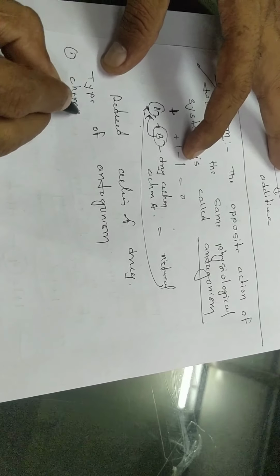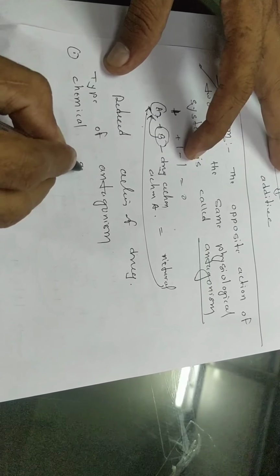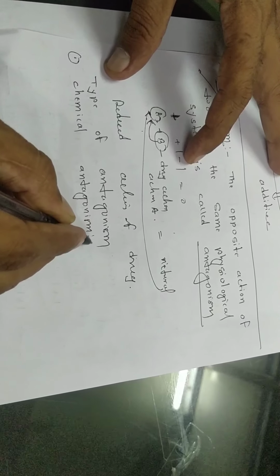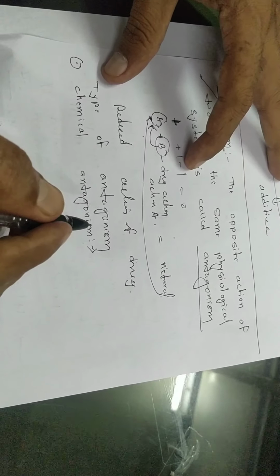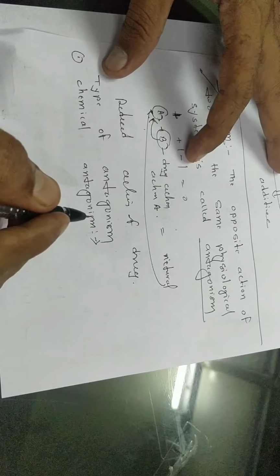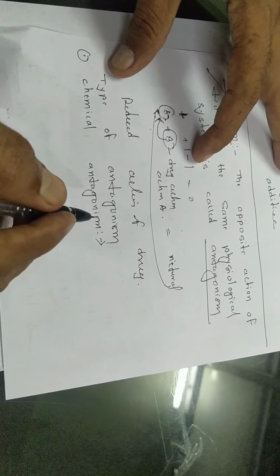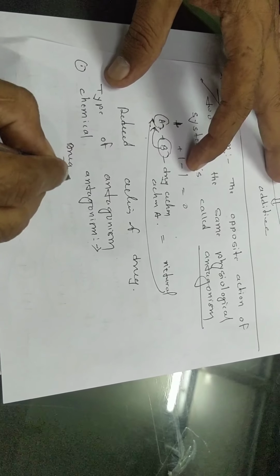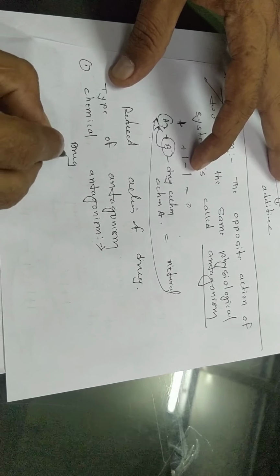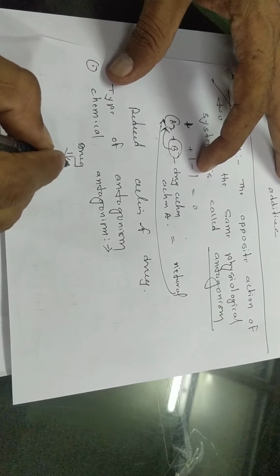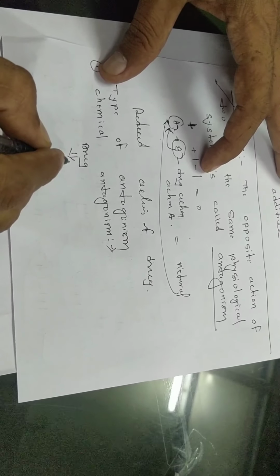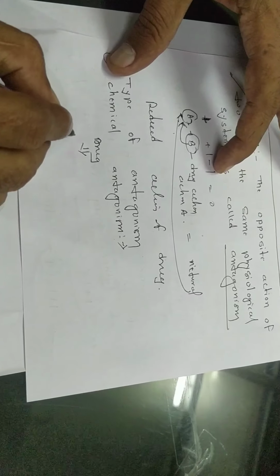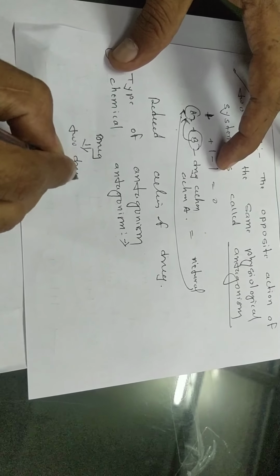Chemical antagonism. In chemical antagonism, the drug is totally abolished. The drug totally abolishes or reduces the chemical action in between the two drugs.